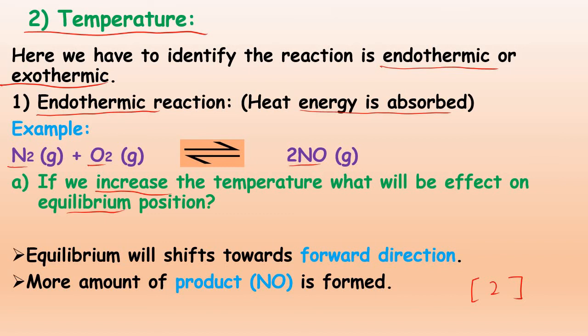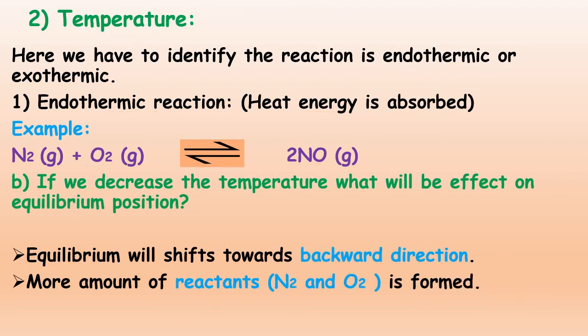Now we are moving towards temperature again, but here we will decrease the temperature. Look here: the same example, but part B is that if we decrease the temperature, what will be the effect on the equilibrium position?